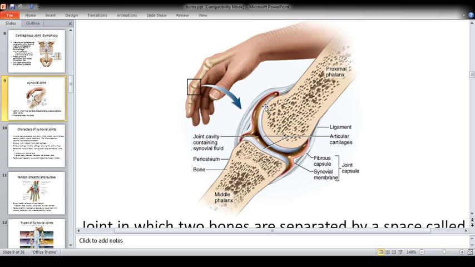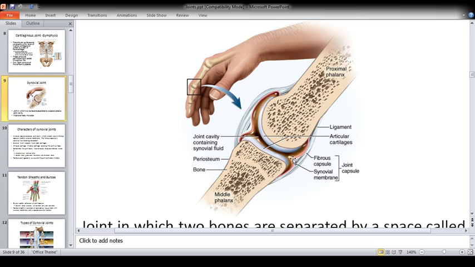They have so much strength as to resist breakage of this joint, leakage of the internal fluids, or damage to the internal structures. It prevents that. So this white structure is the outer capsule, that is the fibrous capsule.